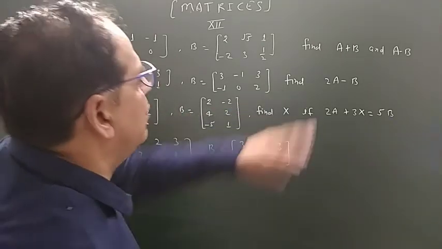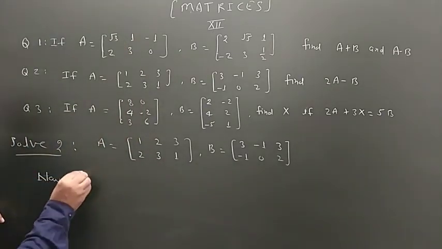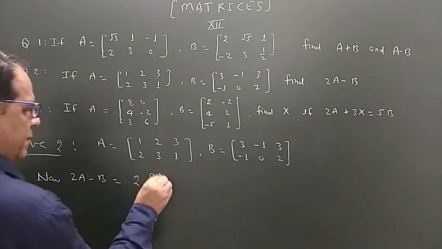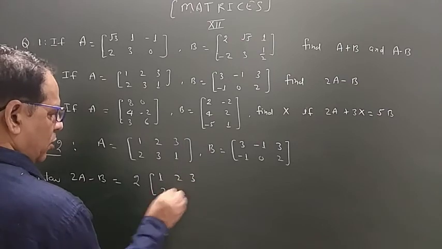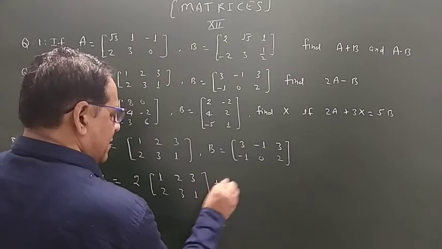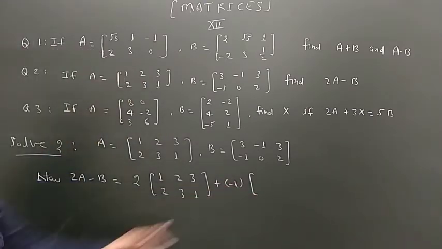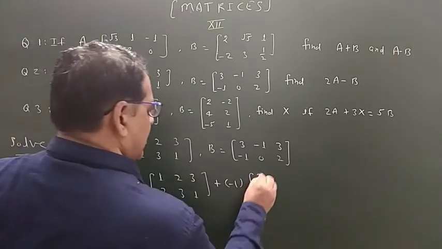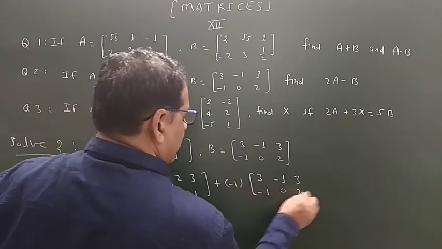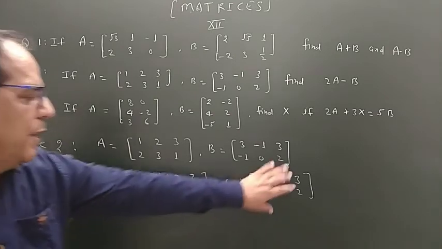We want to find the value of 2A minus B. Now 2A minus B equals twice the first matrix [1, 2, 3; 2, 3, 1] minus B, so plus minus 1 times the second matrix. Minus B can be expressed as plus with minus, and the value of B is there.